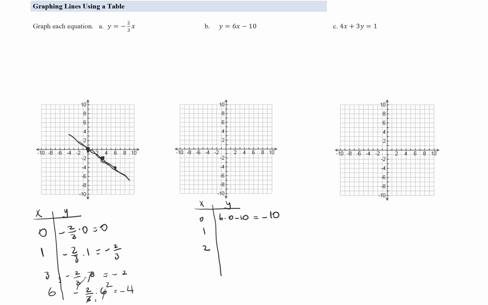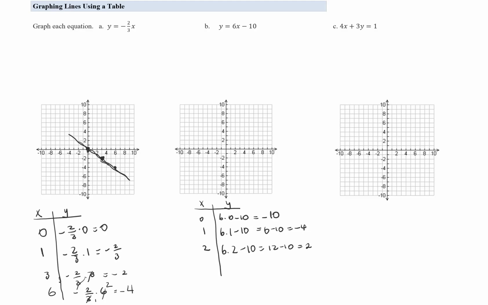Then I will use point 1, I get 6 times 1 minus 10. That will be 6 minus 10, which is negative 4. And on the last one, I will use point 2, 6 times 2 minus 10. That will be 12 minus 10, and that will be 2.